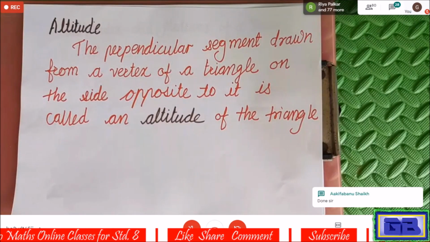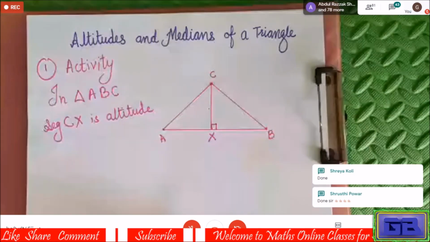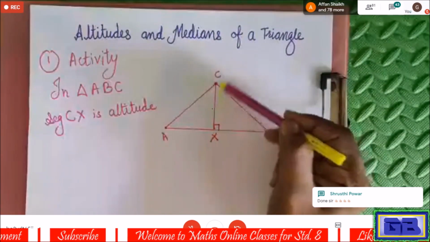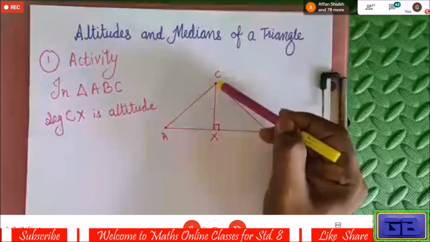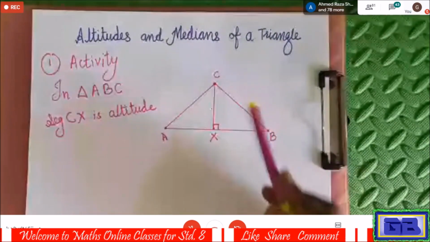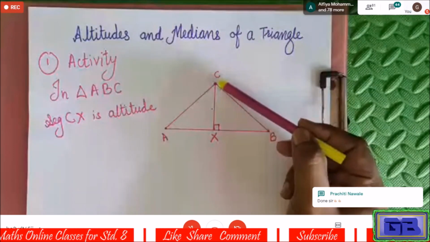Write down this definition also. Now see, we have drawn one perpendicular from a vertex to the side opposite to it. We know that a triangle has three vertices.